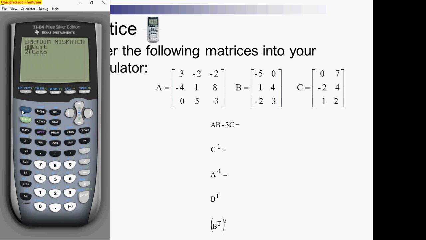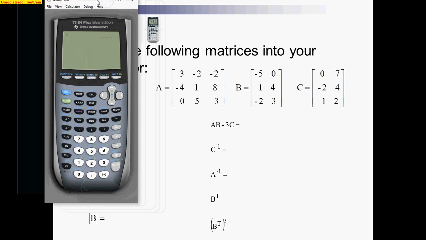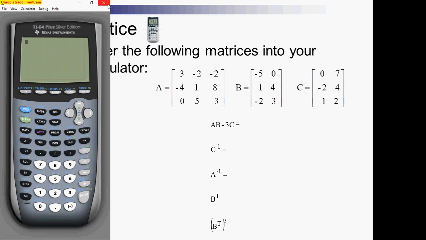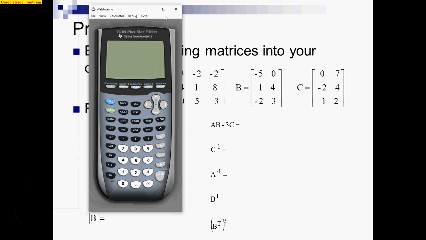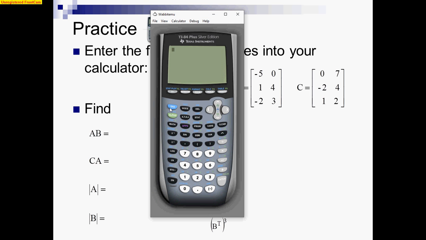Now, can I multiply C times A either? So, look, error. Can't do that. Am I going to be able to multiply C times A?